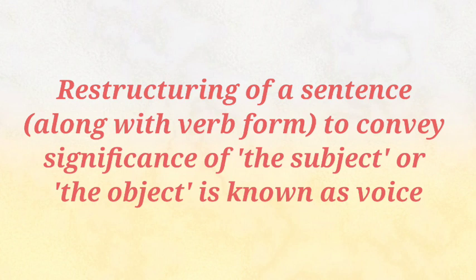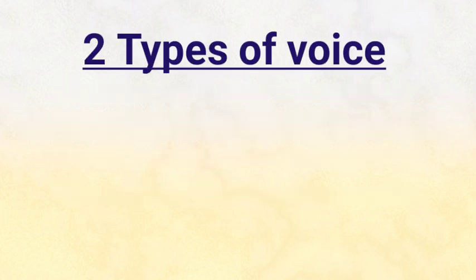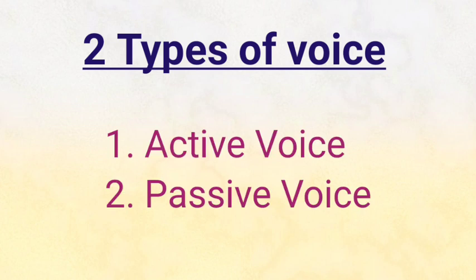So voice means that we restructure the sentence in a way that it conveys the significance of subject or the object over the other. Now, there are two types of voice: active voice and passive voice.